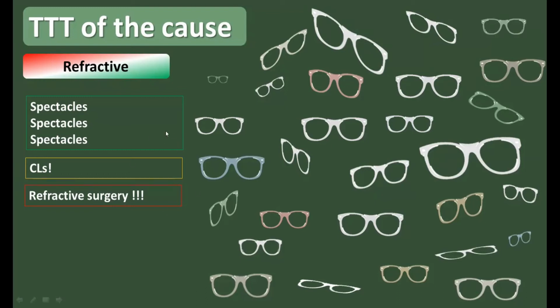So as you see here in this slide, in pediatric age group, we prefer to prescribe spectacles. So I wrote here spectacles, spectacles, and spectacles. And then there is an exclamation mark for contact lenses and 3 exclamation marks for refractive surgery, because these are the lines of refractive correction in general.